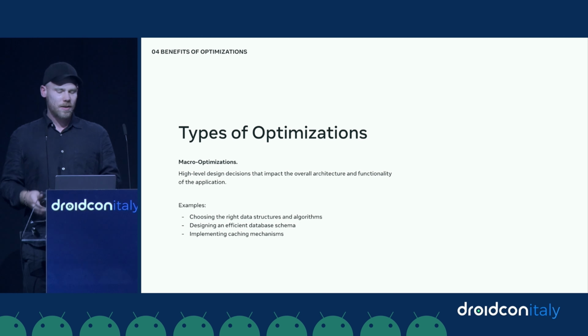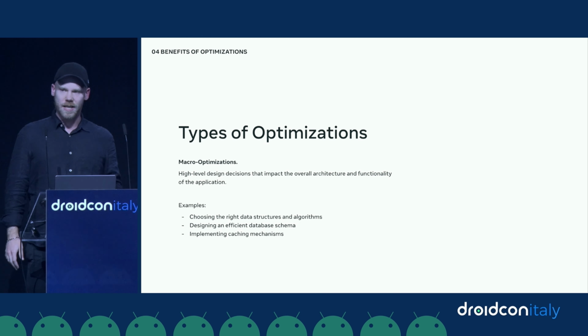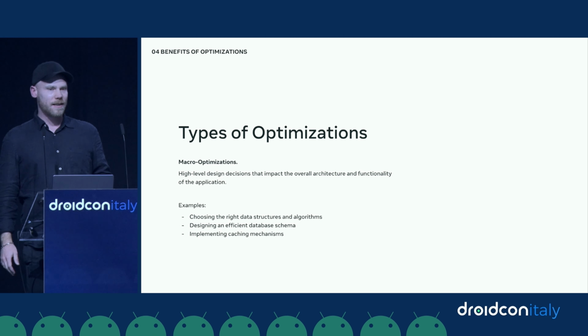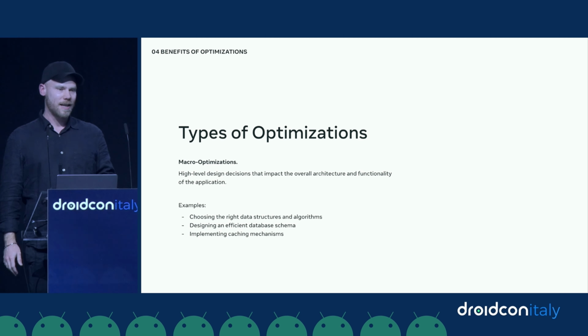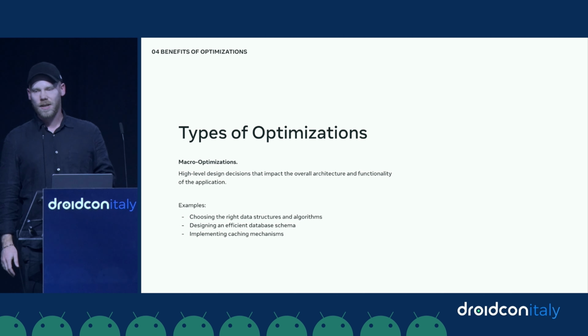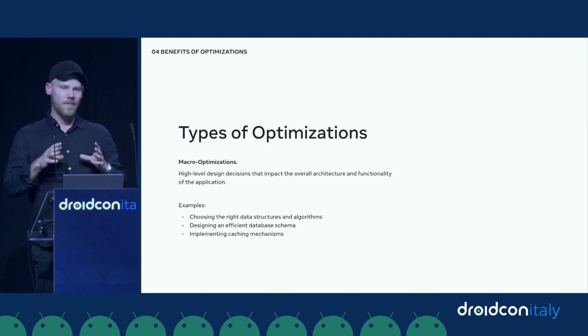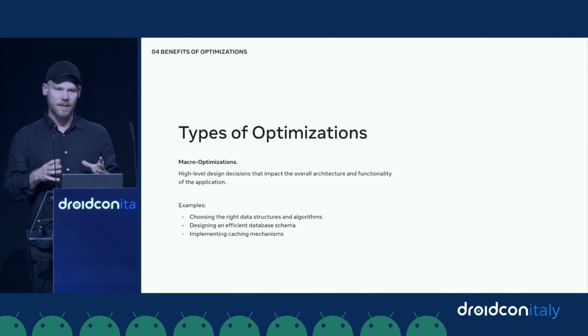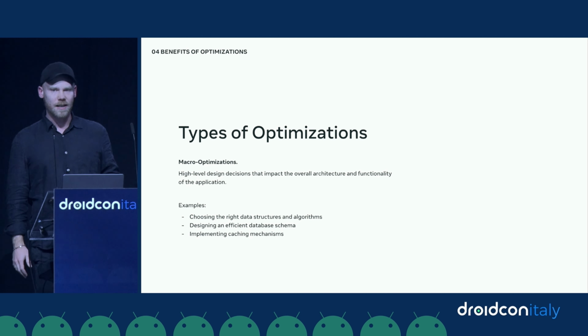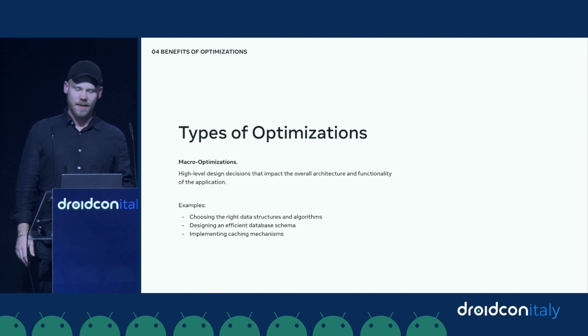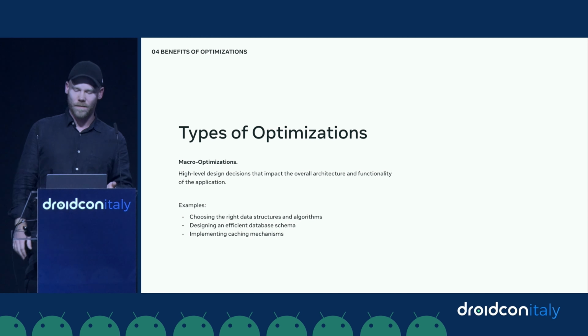It's also using an efficient database schema with indices and all of the things we need to make sure things are accessed fast. And then we also implement, for example, caching mechanisms, right? We do this with a high-level approach across the app to make sure that we can share all of this. These would be the generally larger decisions that impact the global data structure and the global data flow.